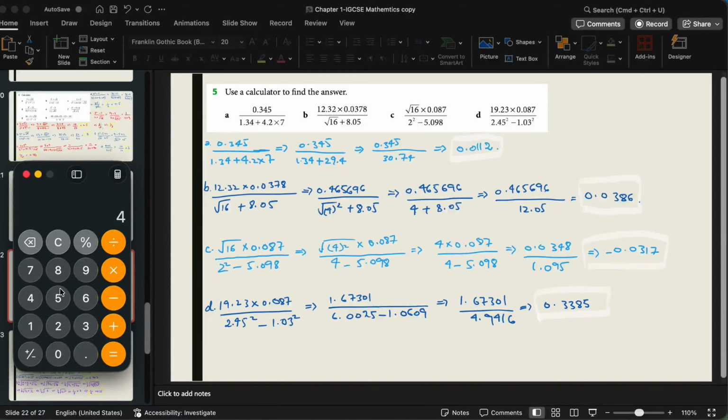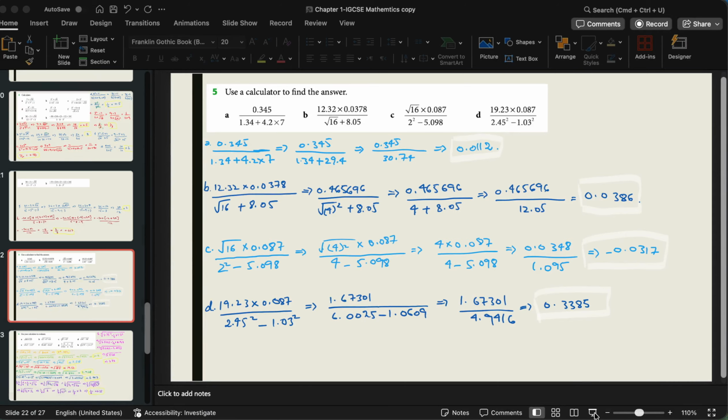So 4 multiplied by 0.087 equals 0.348. Sorry, this is 0.348, the extra 0 is not in here, so let me correct this for you.